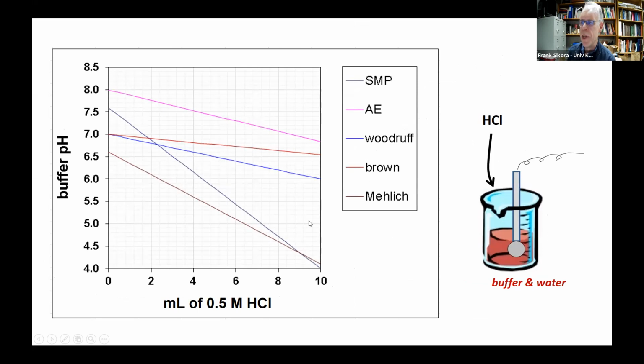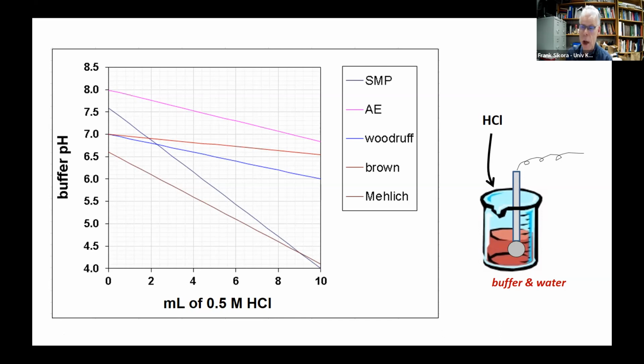This is a graph of several buffers that are out there with respect to that titration curve of adding acid to the buffer. Buffer and water are mixed together in the volumes that are used in the method of testing first soil pH with water and then adding a certain volume of buffer.